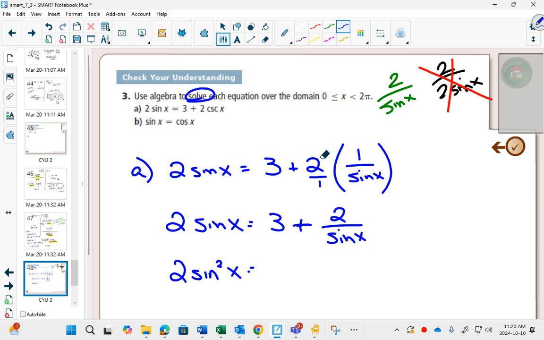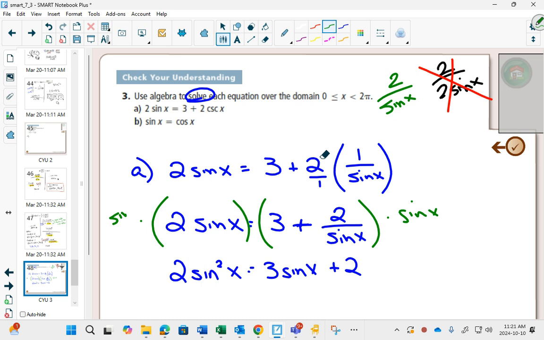And if I multiplied this whole side by sine x, I would get 3 sine x plus 2. So I'm multiplying this side by sine x, and this side by sine x. Yes? What if we choose to divide both sides? Divide both sides by 2, you get a more complex fraction. So first we want to get rid of the sine x in the denominator.